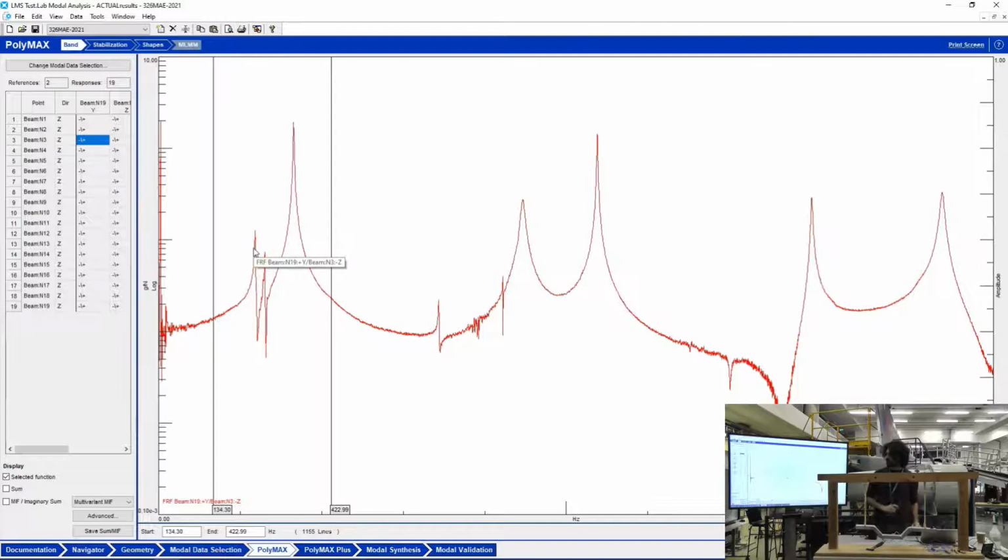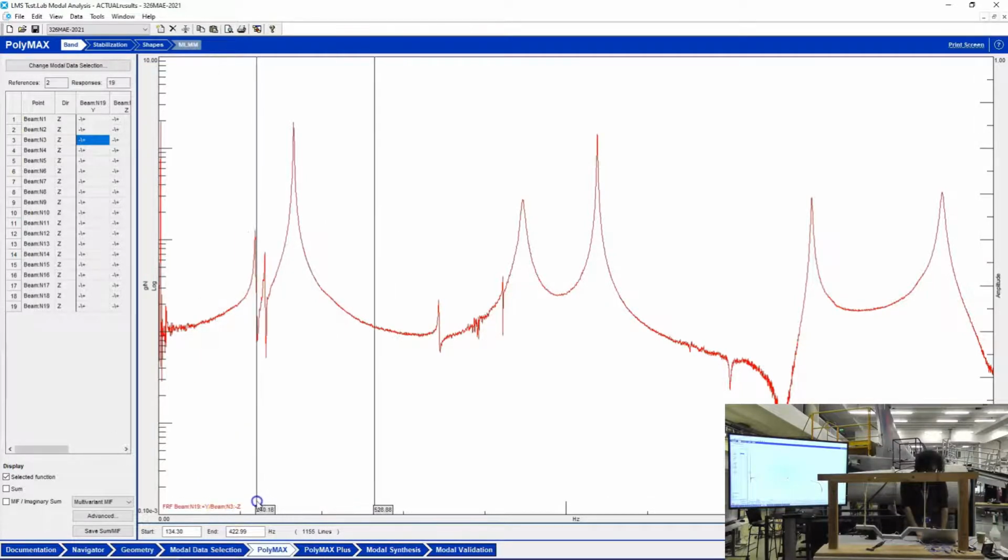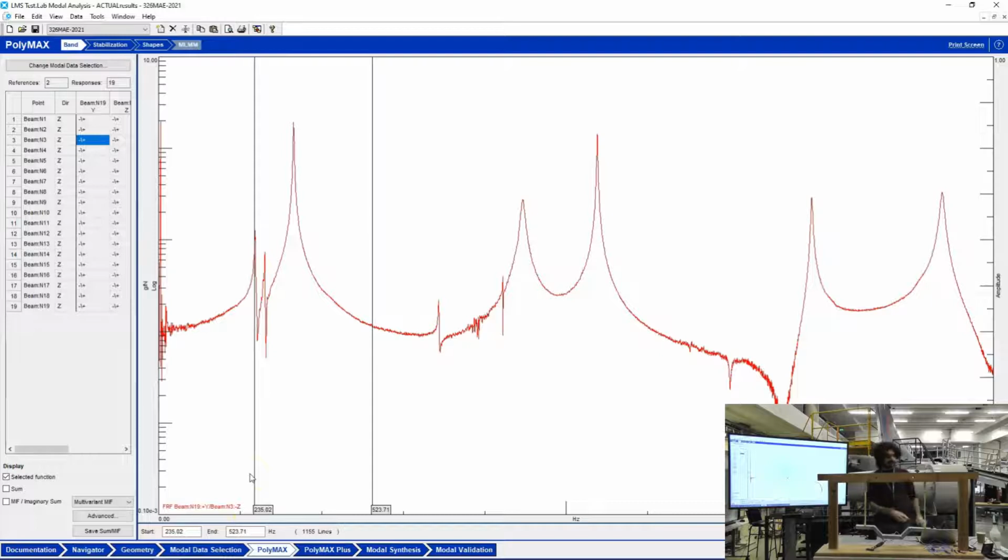Now this is our first peak happens at 235 Hertz, more or less, and these peaks are at 4 Hertz, so that's a very good separation. So we can just get rid of them.